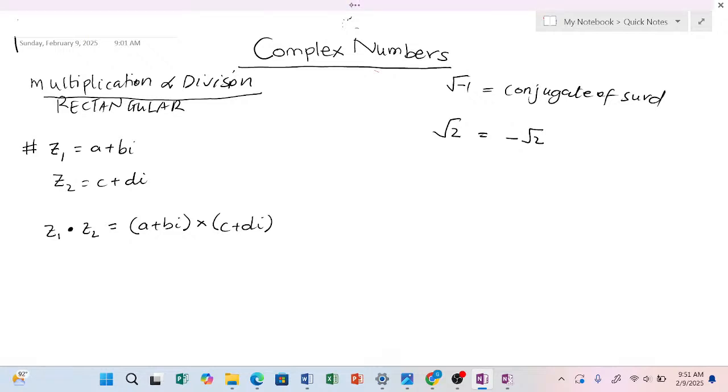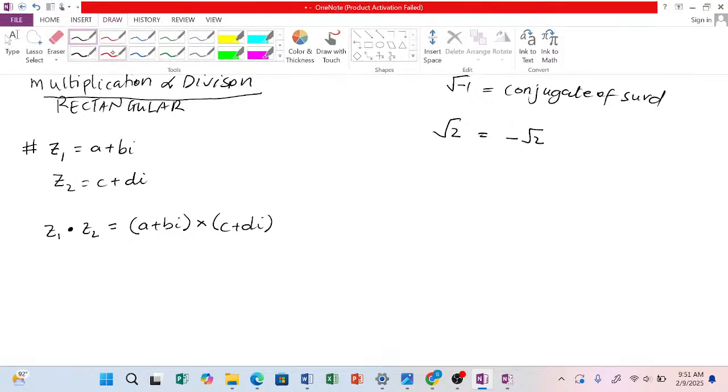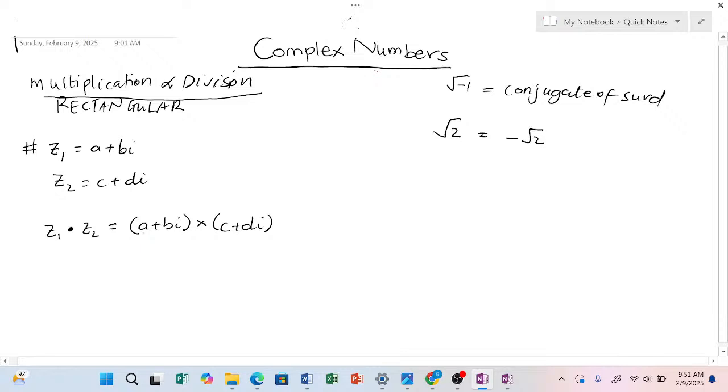There are so many acronyms for this kind of multiplication. Some people call it PEDMAS and the rest. So you just take one, use it to multiply what is here. Take what is here, use it to multiply what is here. So this is how we multiply.